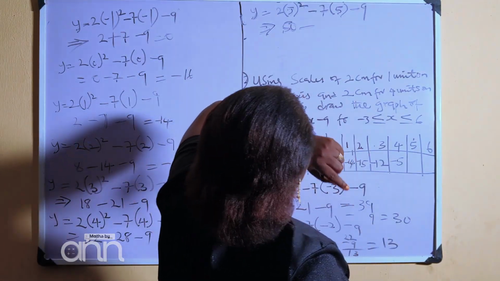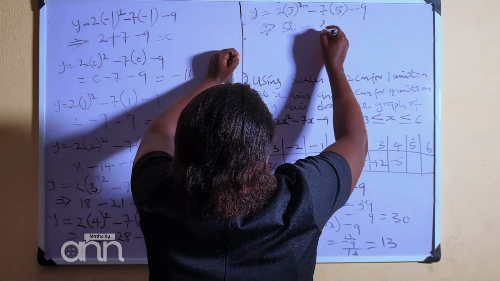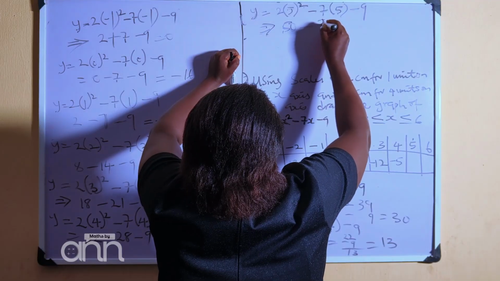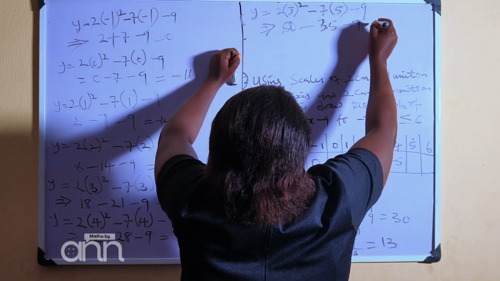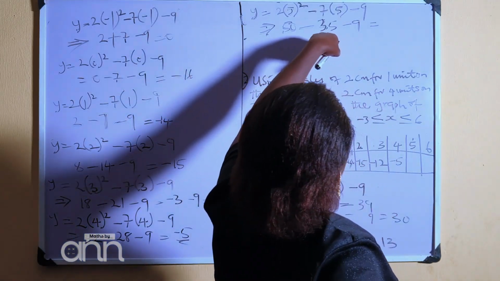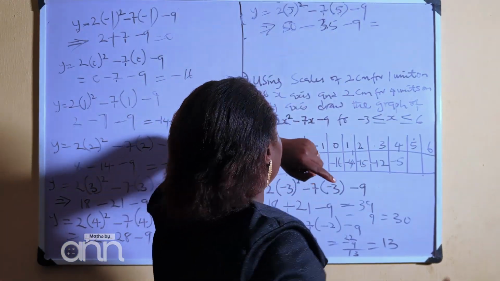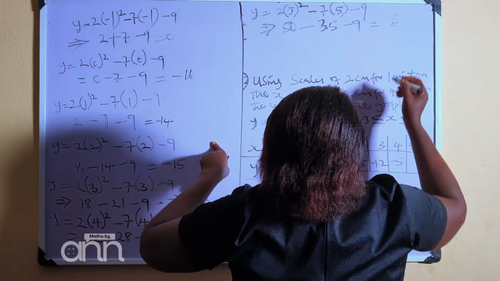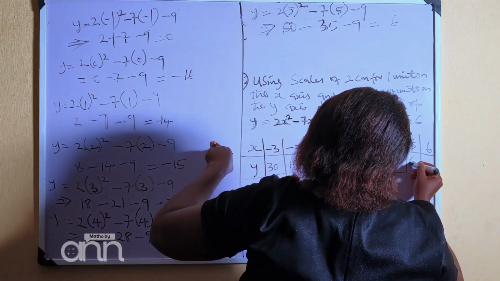Minus 7 multiplied by 5 is 35, minus 9, which gives us 50 minus 35 is 15. 15 minus 9 is 6. So the answer here becomes 6.